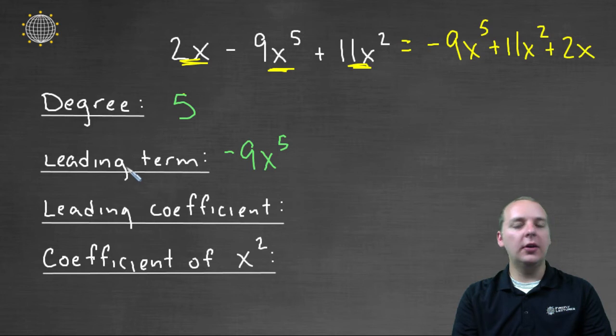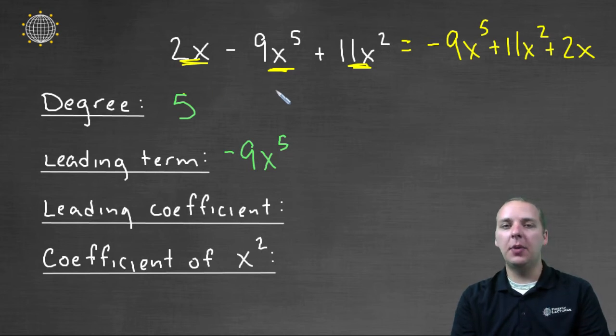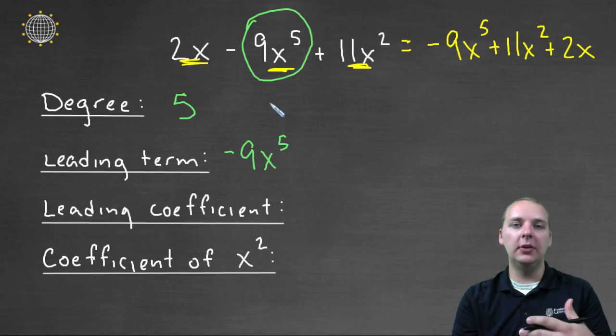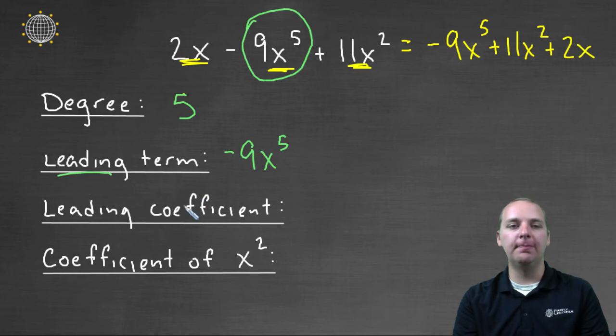Well, this polynomial is equivalent to this one, and we can't have different leading terms if they're the same polynomial. So we would technically still define this as the leading term because it's the term associated with the variable of highest power, but it would intuitively make the most sense if we wrote that term first, and that's why we call it a leading term.